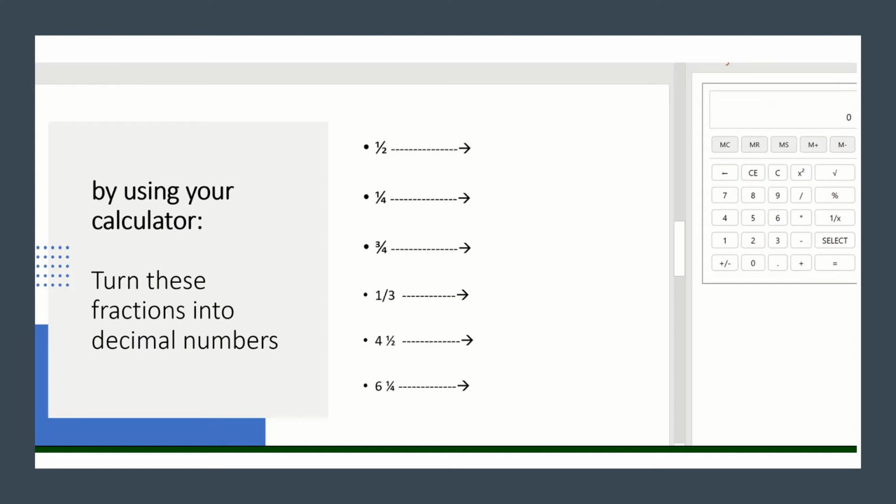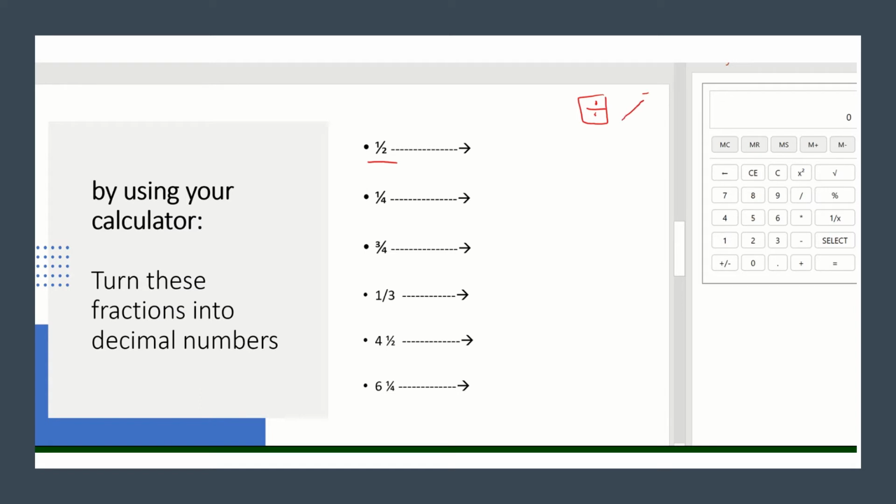So first of all, let's take this fraction, which is half, 1/2. To change it into decimal, we need to use this button, which is the divide, or in your calculator you will find it as the divide.